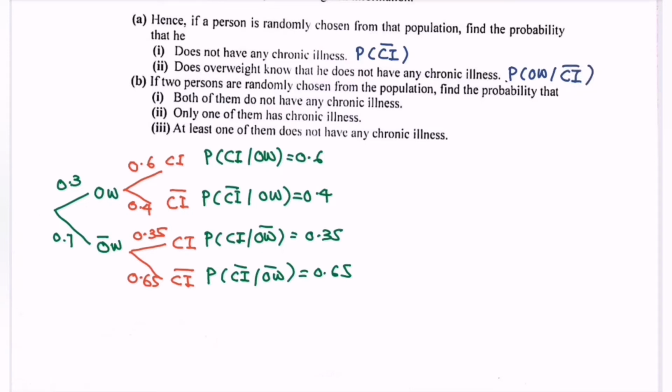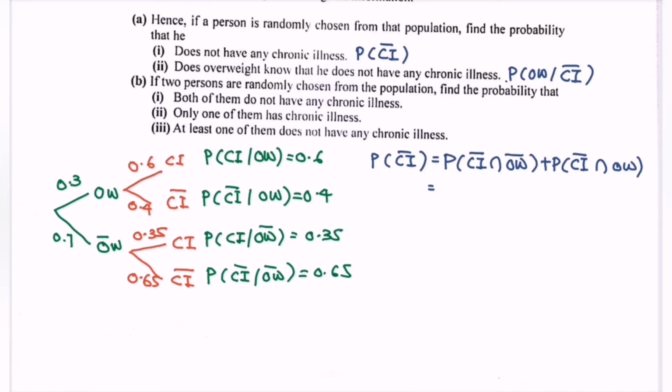So kindly refer to the situation where we have the probability of non-chronic illness. It refers to these two parts. So we write out the non-chronic illness intersect with non-overweight plus non-chronic illness intersect with overweight.